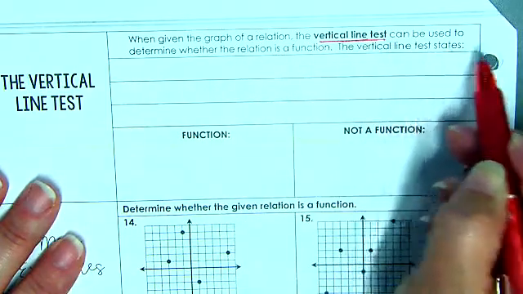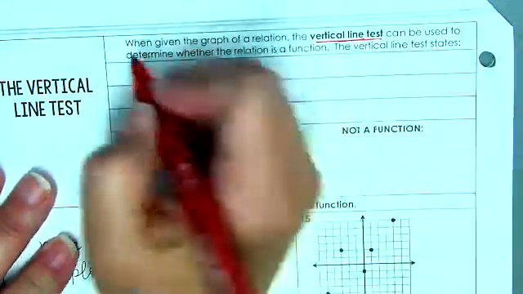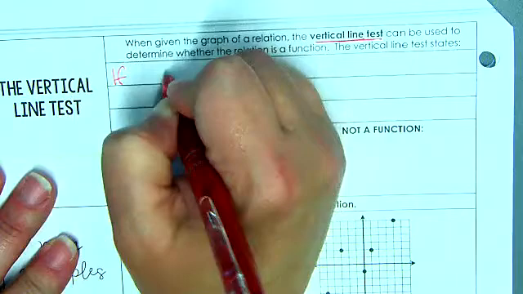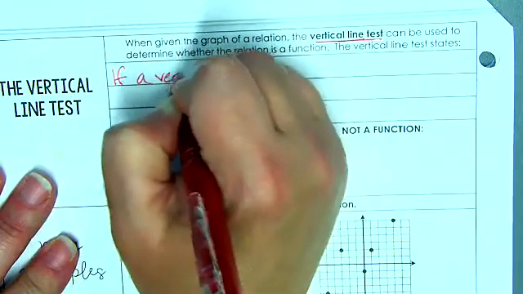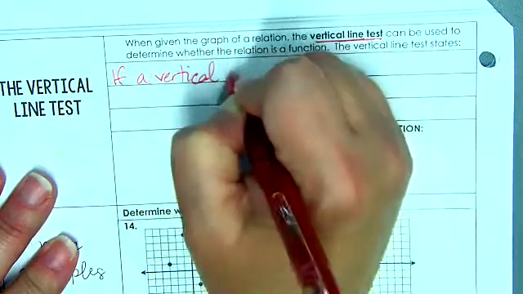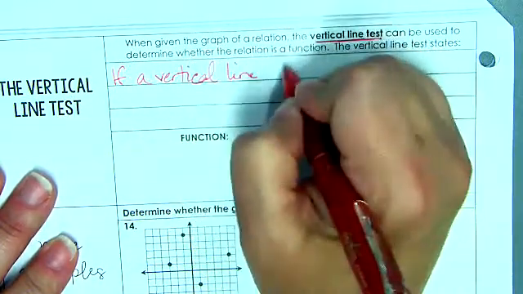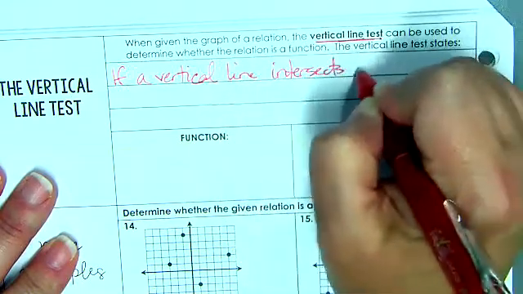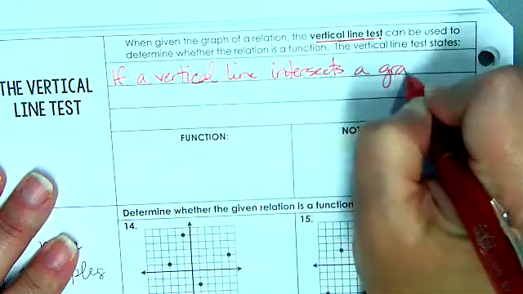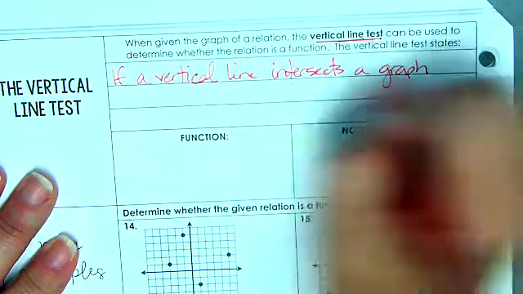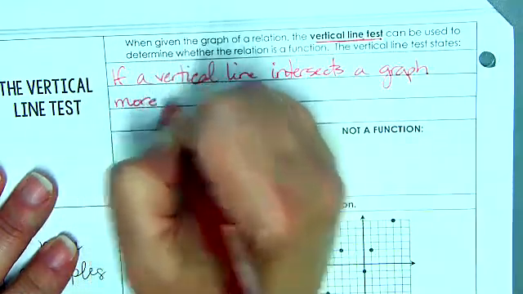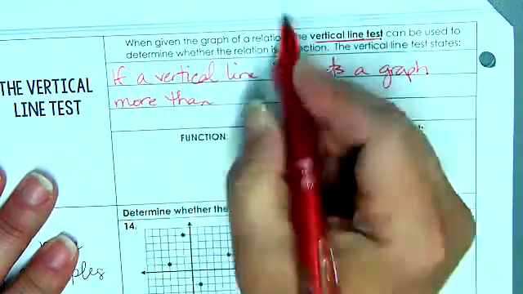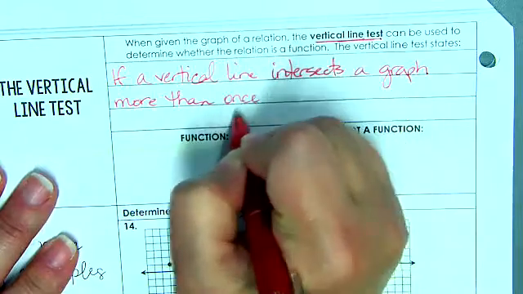The vertical line test states, and that is if a vertical line intersects a graph more than once.